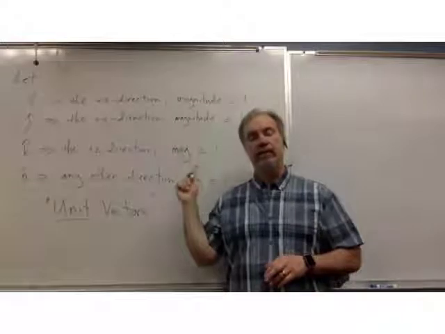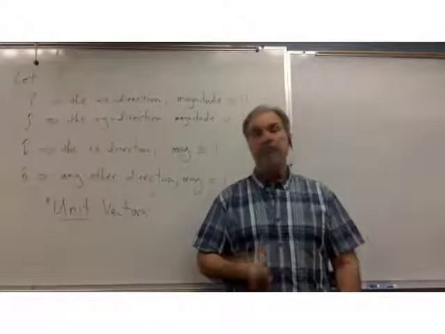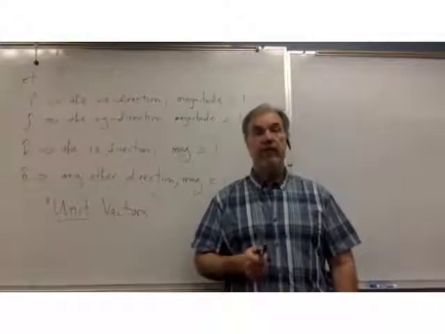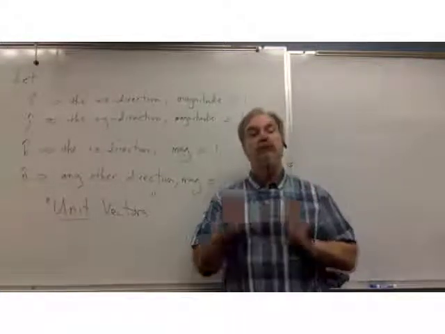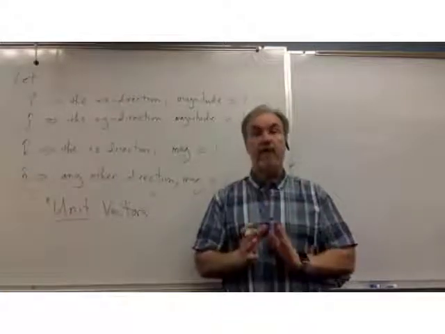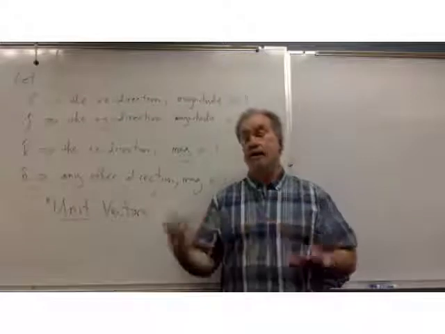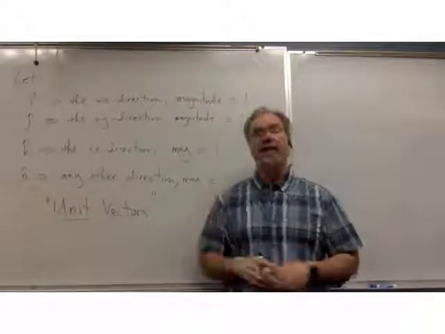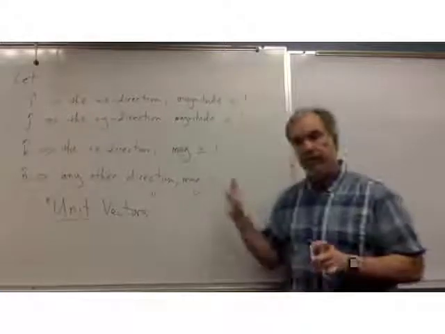Let me start that sentence again. Any vector at all of any kind, no matter what, can be written as a combination of a scalar value times i hat plus some other scalar value times j hat plus some other scalar value times k hat and perhaps some other scalar value times n hat. Okay, and we will see more of that, so don't sweat it right now.